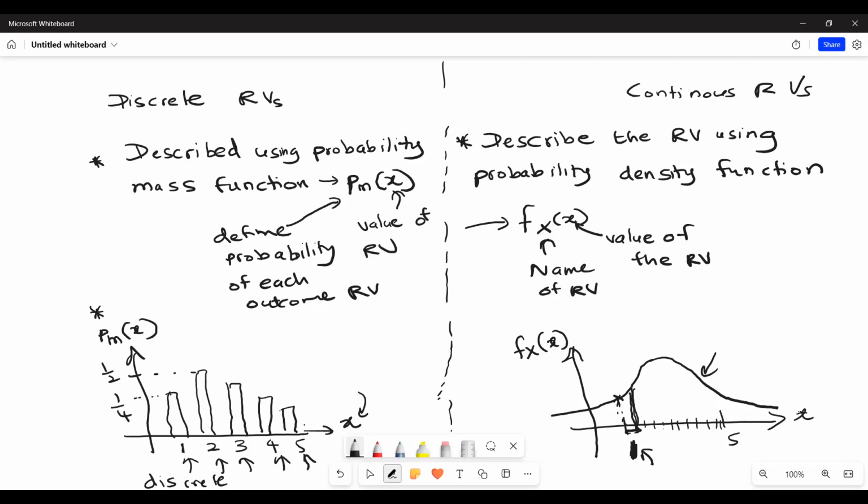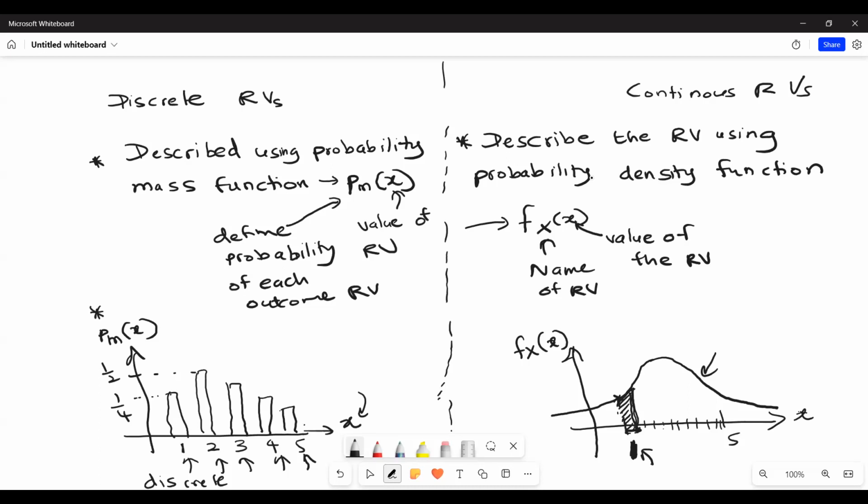So the probability density function is defined to define the probability of a continuous variable. And then from this function, in order for us to find the probability of a certain variable occurring, we need to find the area under the curve over a certain range, right?